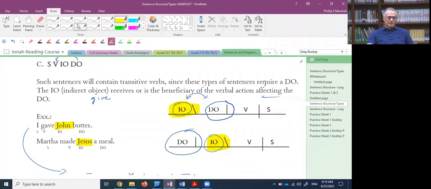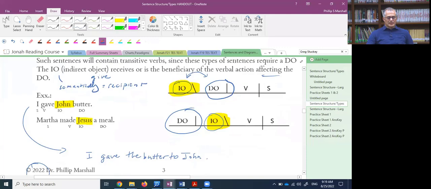For the most part, indirect objects semantically equal the recipient. And in a sentence like Martha made Jesus a meal, I don't think that Jesus is literally the recipient of make, because making doesn't really involve the transference of something, one thing to another place, right?